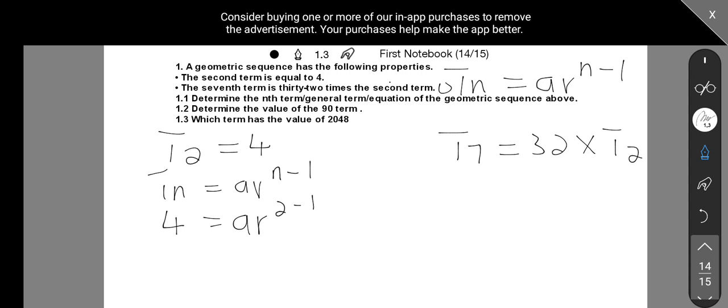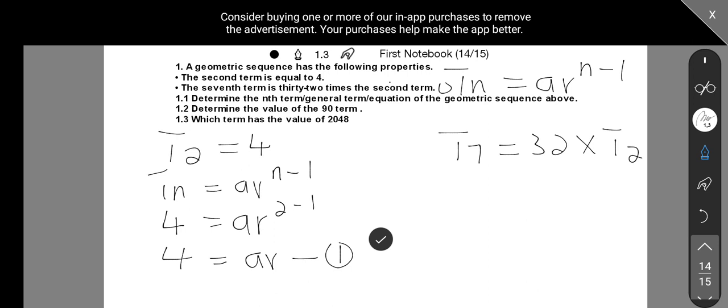N stands for the position, and that is position 2, hence we say the second term. 2 minus 1 is equal to 1. Therefore, 4 is equal to ar to the power of 1, or ar. This gives us the first equation.